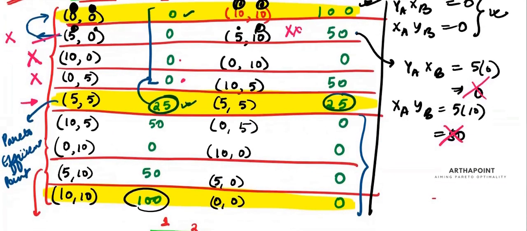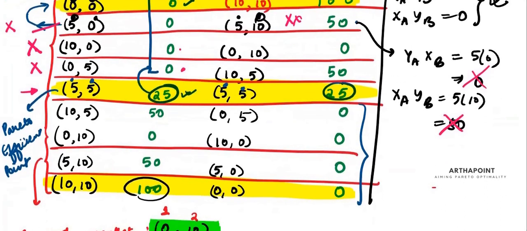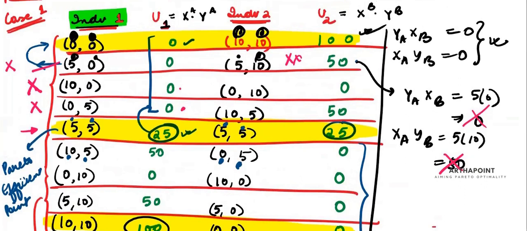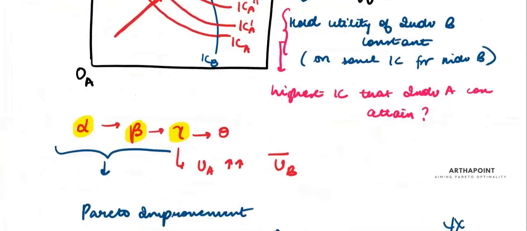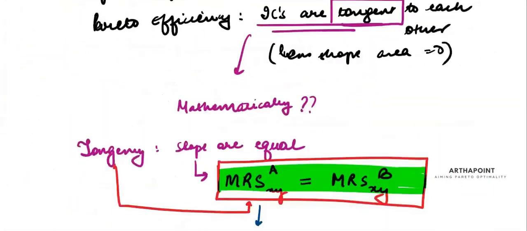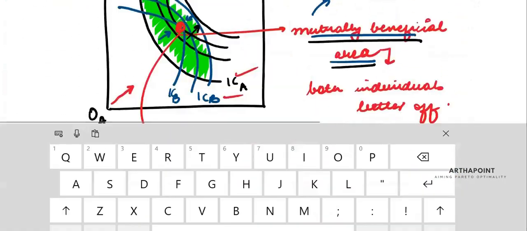Again, here it will be Pareto efficient: 5 into 5, 25 from both sides. This one will be 5 into 10, 50, and 5 into 0, 0. They're not equal. So basically, we get that only these 3 points will satisfy the equation that we just found. So this becomes the equation of the Pareto efficient points.